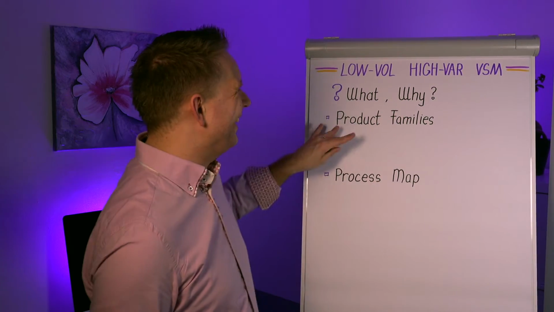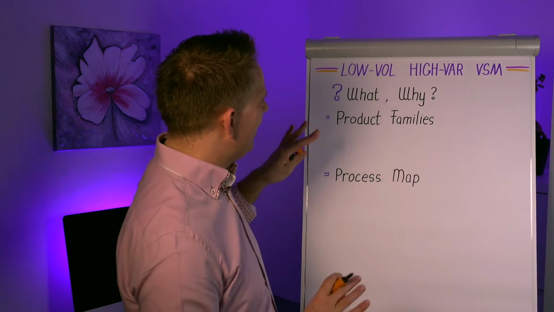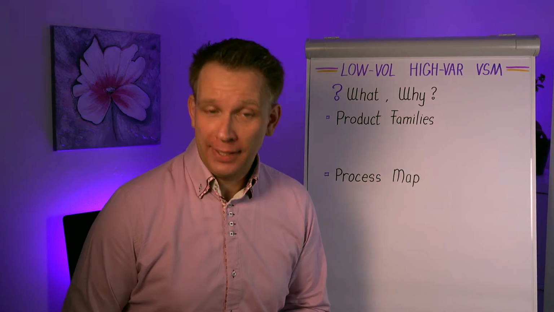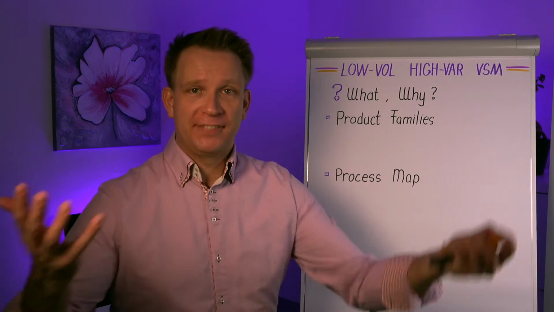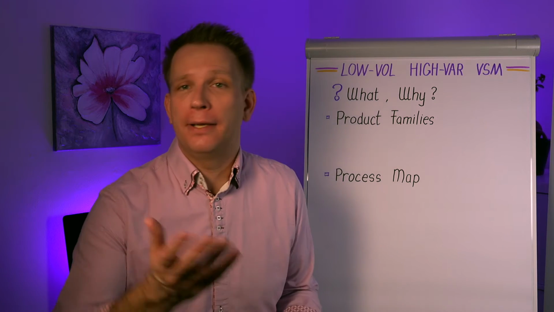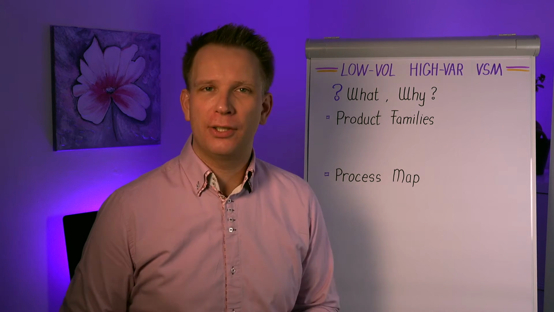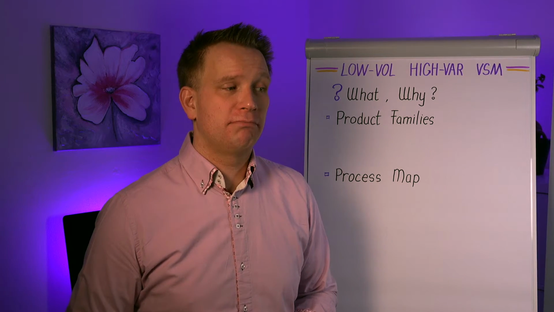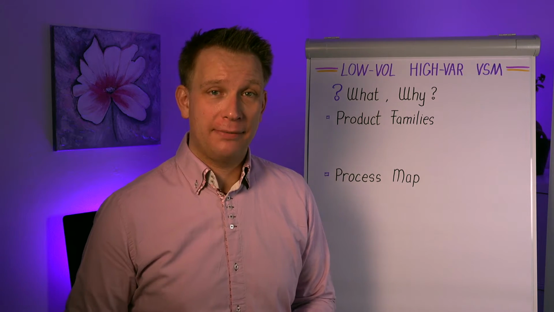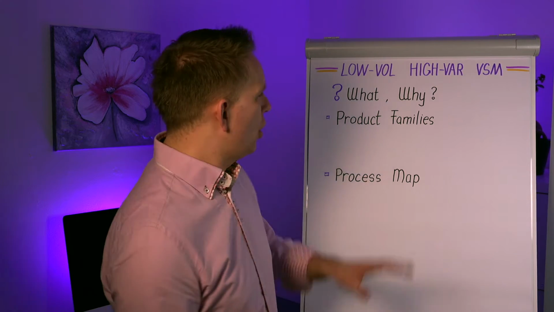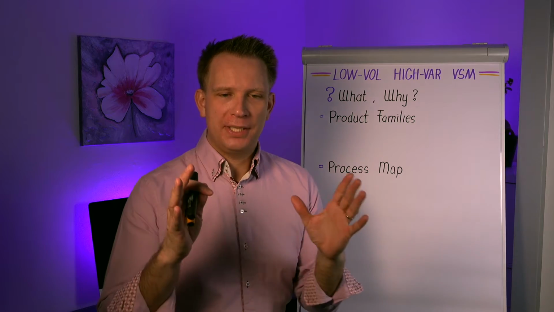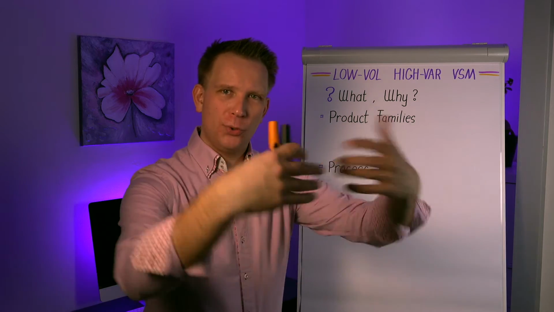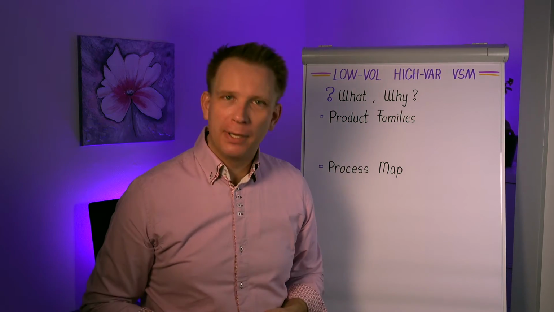So the 2 main ideas are that you work with product families. So you don't really chase the one product because you have so many that multiple can be on the line. You're not going to see all of them. They're not by themselves very representative of what you're seeing. So divvy up all of your products into families that are sort of going through the same processes at a similar pace, right?